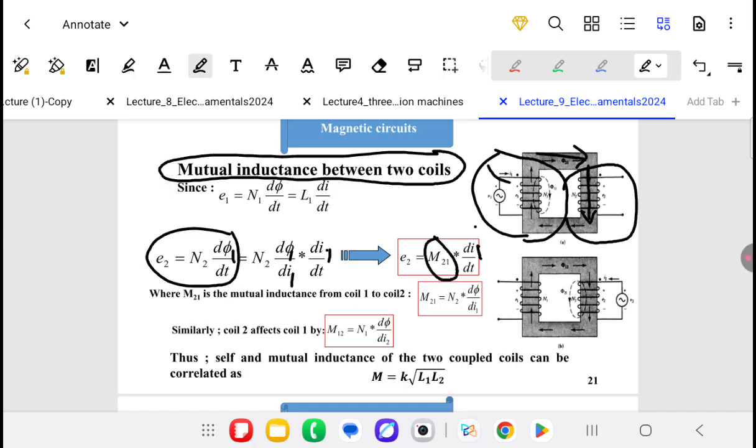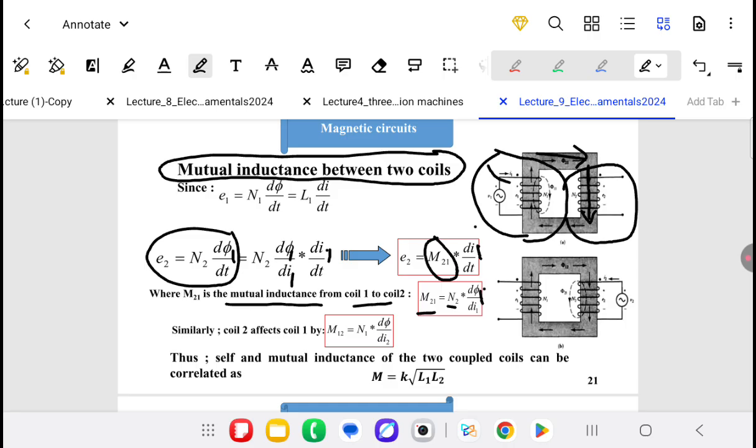Then the mutual inductance from coil 1 to coil 2, M21, equals the number of turns of the second coil times the rate of change of flux of coil 1 with respect to the current I1.